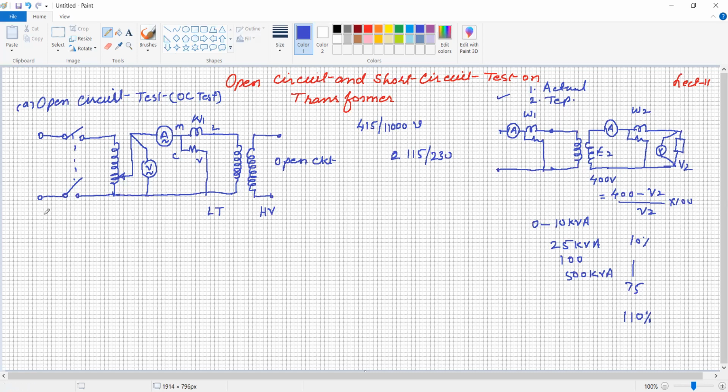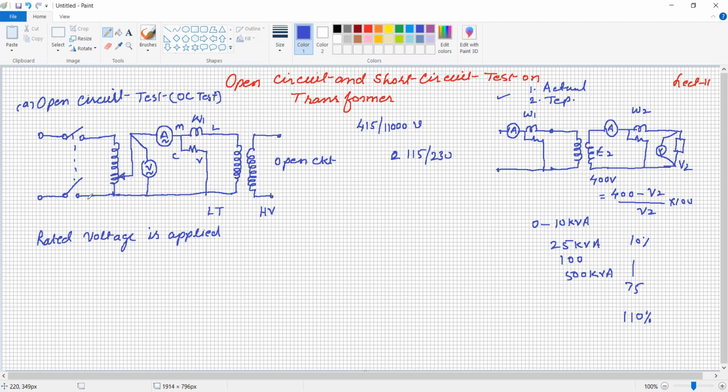Now in the open circuit test, first the rated voltage is applied. Say for example it is 415 volt. So the voltage across the primary winding is 415 volt, with the help of an auto transformer.